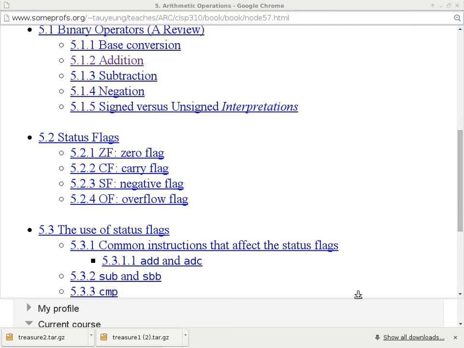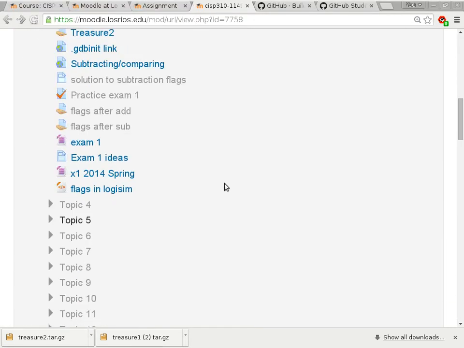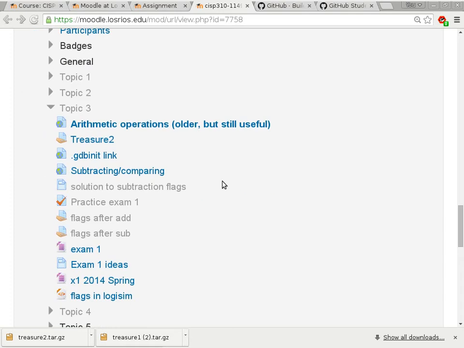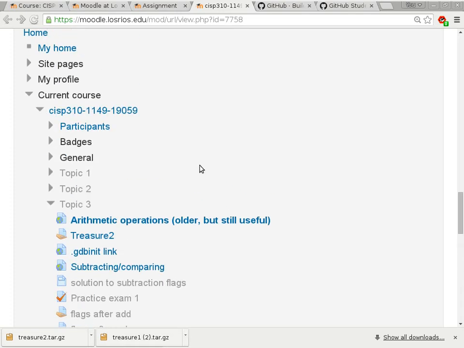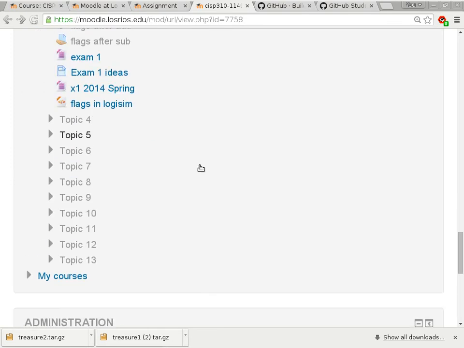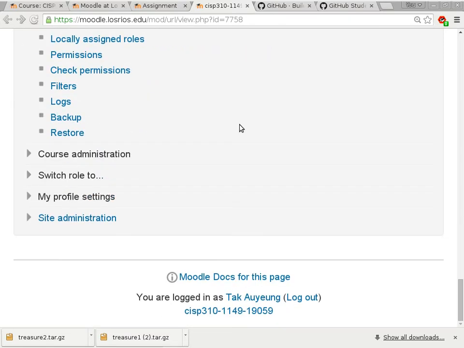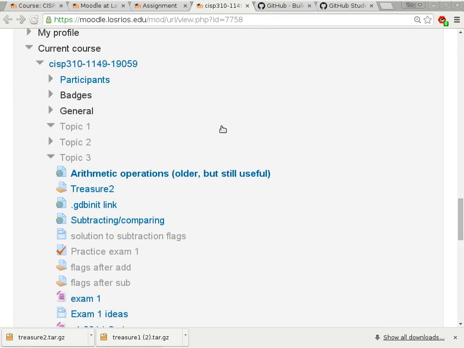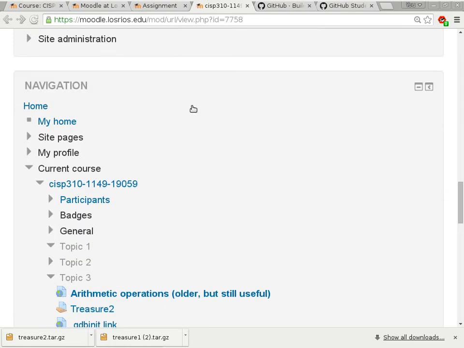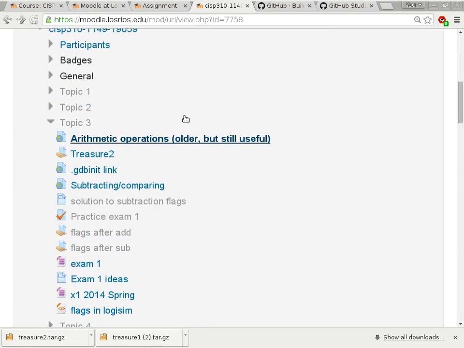There are several places where I talk about the add instruction. Just have to find one that works. Interesting, that didn't work. There we go.